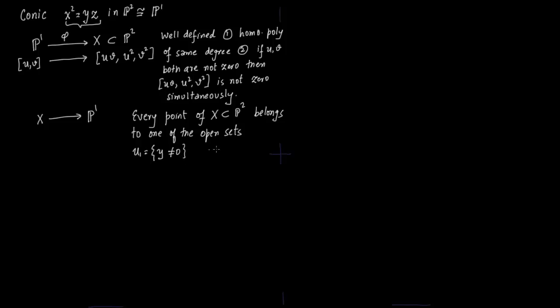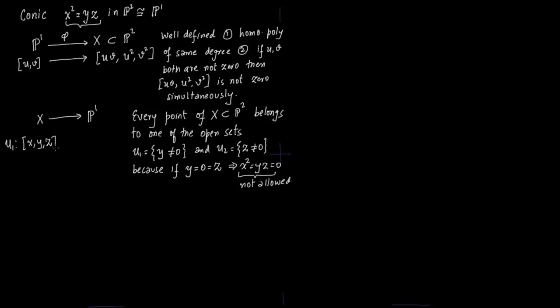Either it belongs to the open set U1, which corresponds to y not equal to 0, or it belongs to set U2, which corresponds to z not equal to 0. This is because if both y and z are 0, then x square, which is equal to yz, is also 0. And this is not allowed. Obviously, all three coordinates cannot be simultaneously 0.